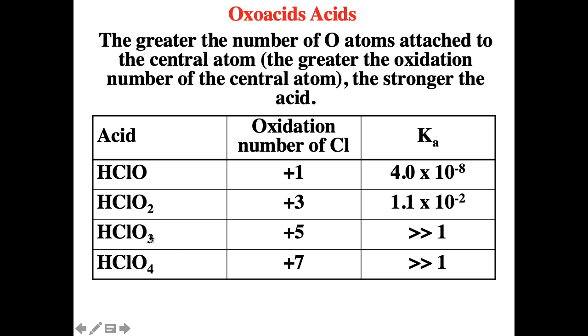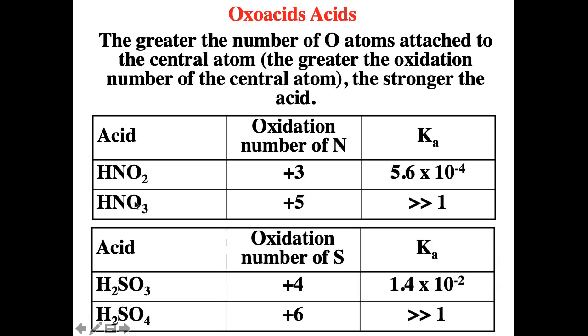And for this series, HClO3 and HClO4, chloric and perchloric acids, are strong acids. Hypochlorous and chlorous acids are weak acids. If we look at HNO2, nitrous, and HNO3, nitric, the nitric is a strong acid, nitrous is a weak acid. H2SO3 sulfurous, H2SO4 sulfuric.